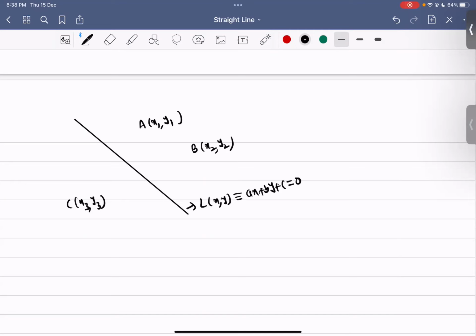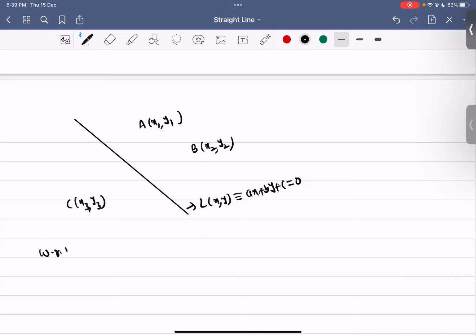With respect to L of (x, y), (x1, y1) and (x3, y3) are on opposite sides, while (x1, y1) and (x2, y2) are on the same side. Therefore, for L of (x1, y1) and L of (x3, y3), the product is negative, because one is positive and one is negative.